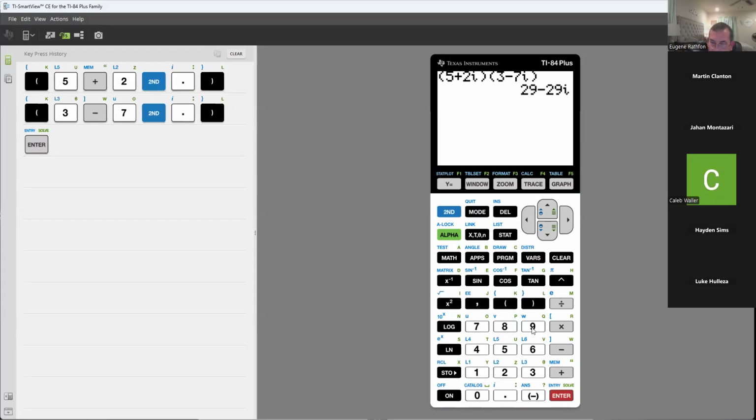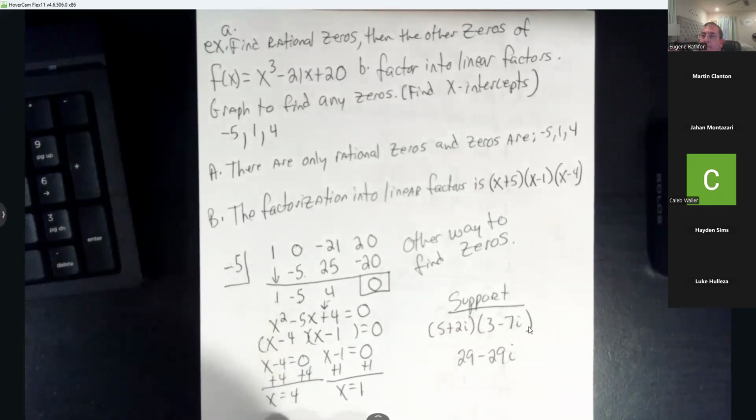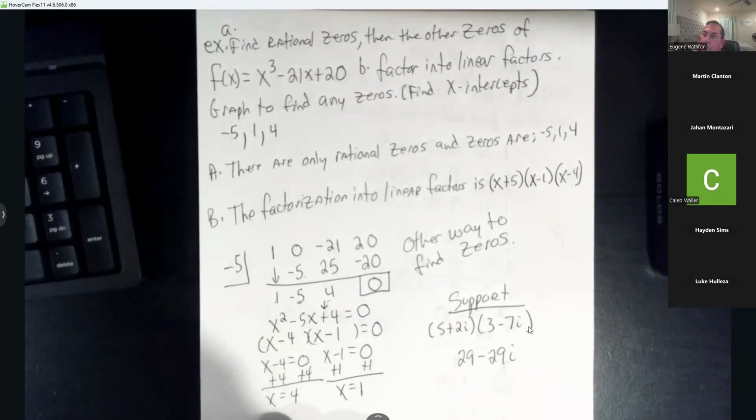So you're doing this. And then the fifth one is a problem like we did last week when we were checking to see if numbers were zeros. So on the fifth one, you're going to do synthetic division on the two numbers, and you're looking for a zero remainder. If you get a zero remainder, then it means it was a zero.